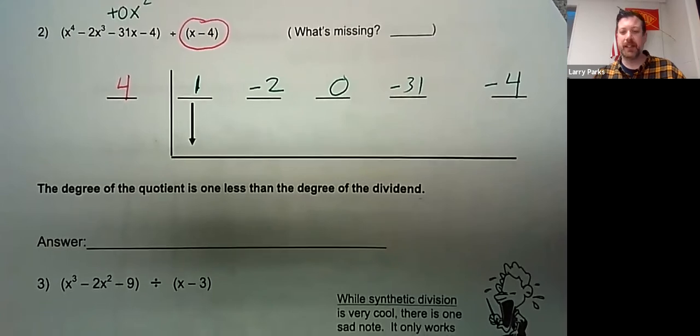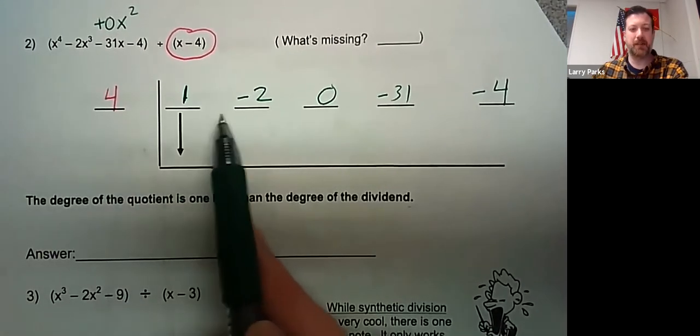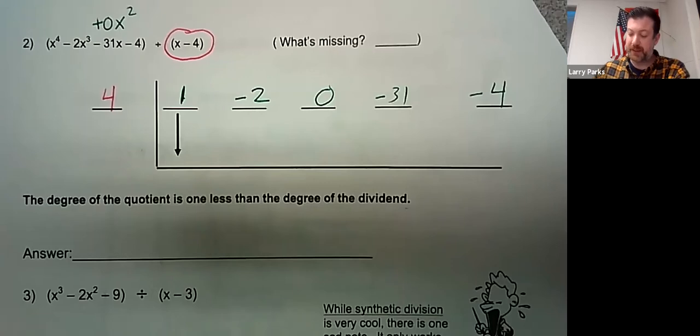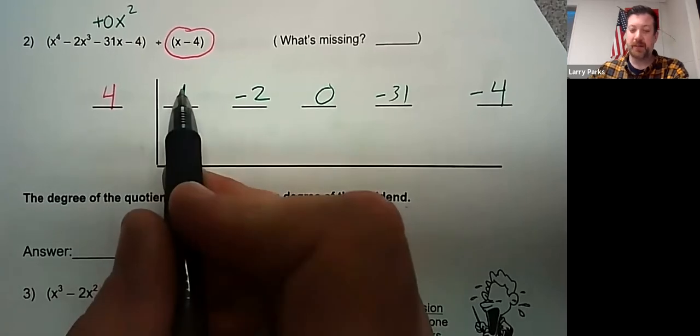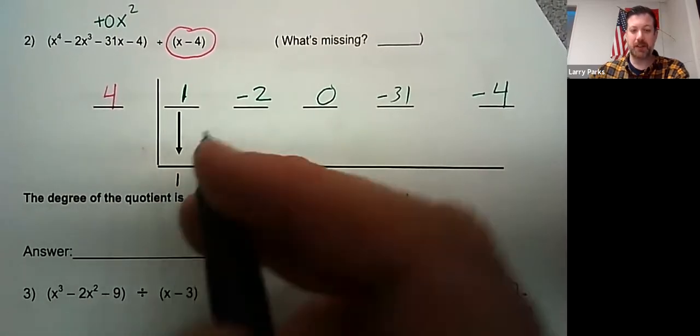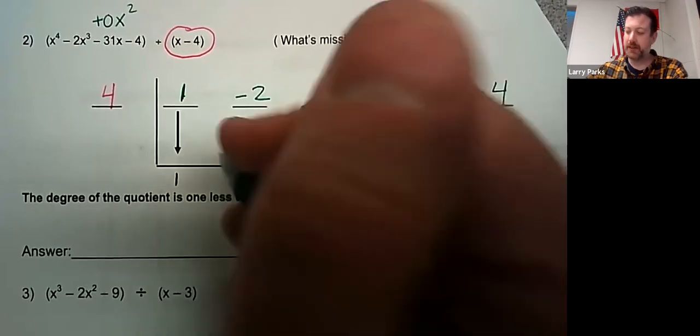All right, so one thing that I used to tell kids is if it's to the 4th power, make sure you put 5 spaces, and that way you have everything filled in. From there, this is the easy part, I think. You drop down the first term. You multiply 4 times 1. You add -2 plus 4.